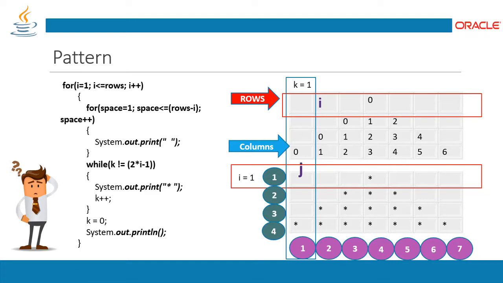Next step, we have to divide it into two sections. One is called row and another one is called column. The red square is nothing but the rows of the pattern, and the blue square is basically the columns.